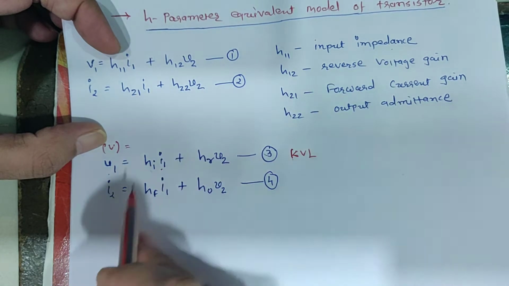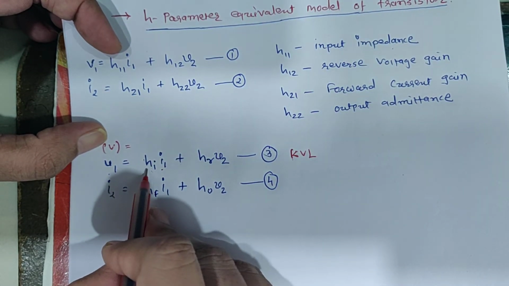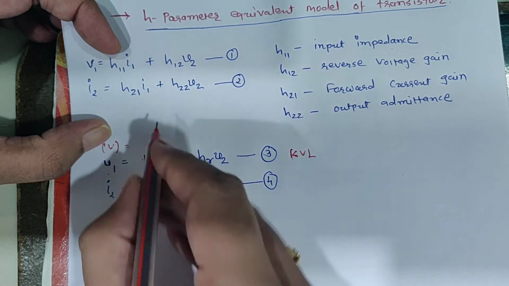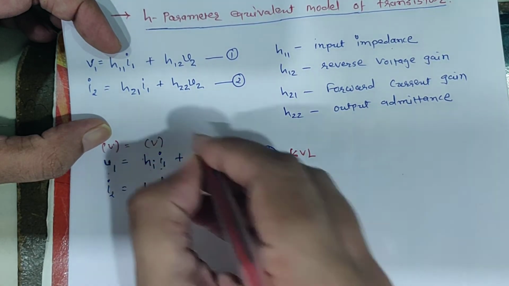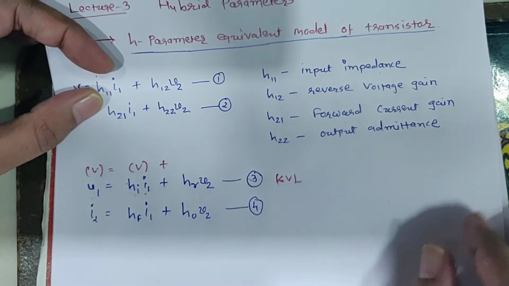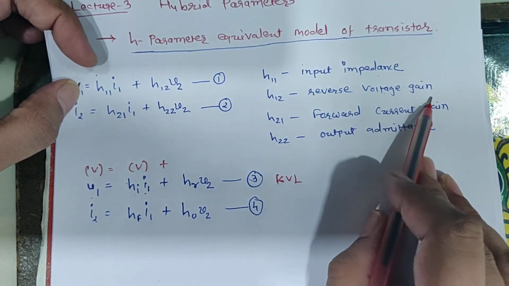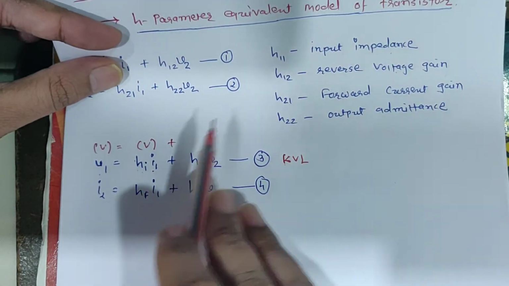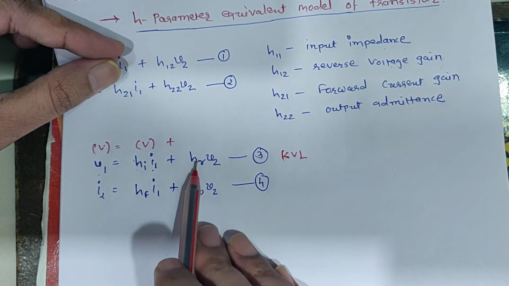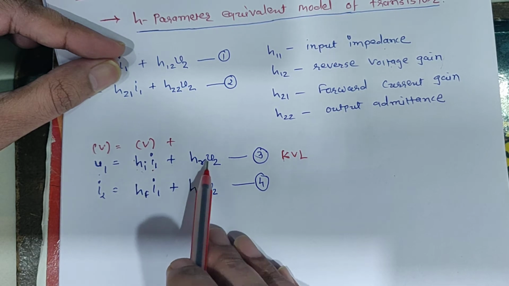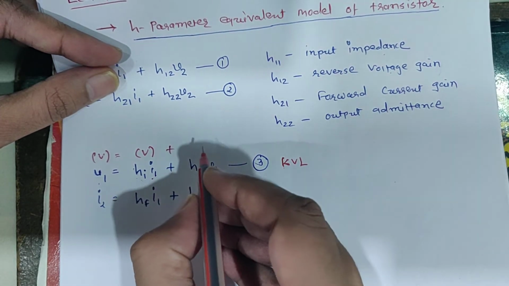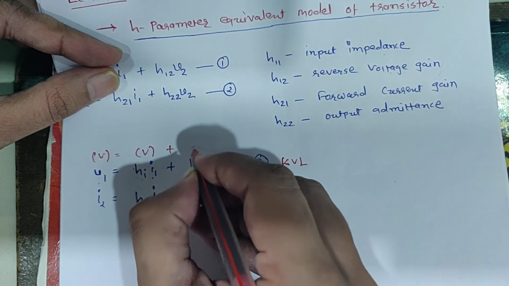Impedance is V by I, and if we multiply it with I, the unit of this term becomes voltage. Plus HR into V2. HR is the reverse voltage gain, V1 by V2, a unitless quantity. If we multiply it with the voltage V2, this unitless quantity becomes a voltage.